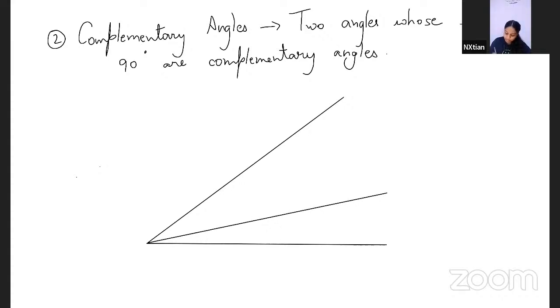Now the measurement of this upper angle is 60 degrees, and this lower one is 30 degrees. So let's name them. Let's name this point O.